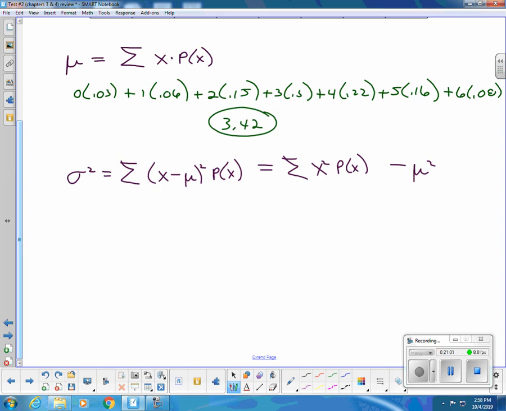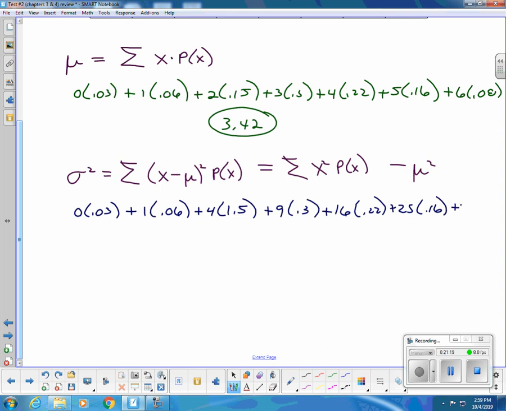So 0 squared is still 0 times 0.03 plus 1 squared is still 1 plus 2 squared times 1 plus 9 squared. So we are just squaring our x's before we multiply for the probabilities. We're going to get that number.